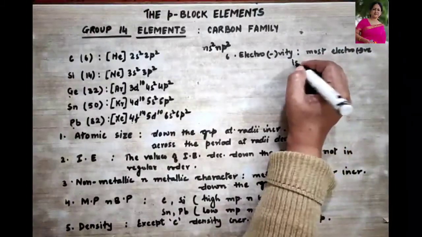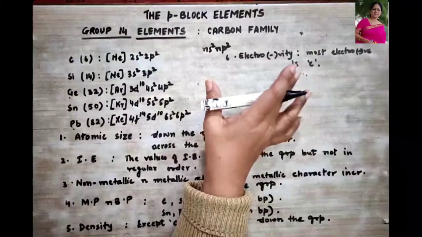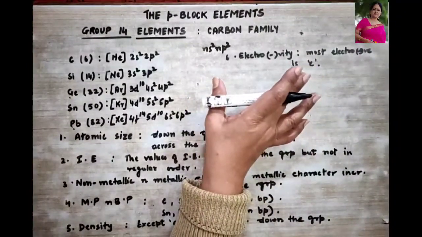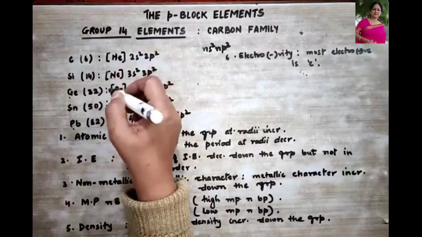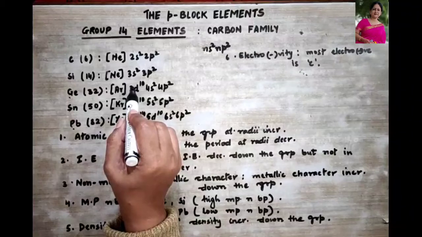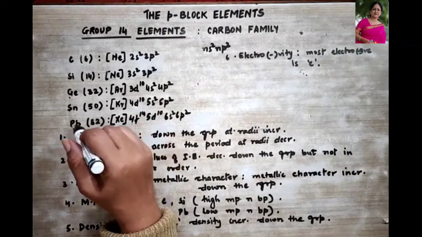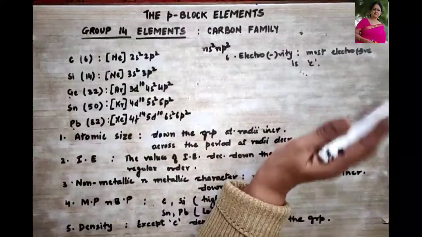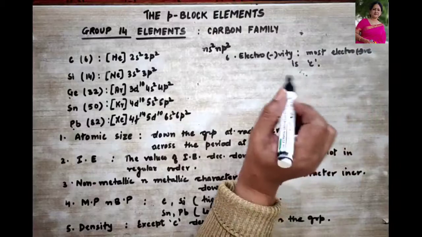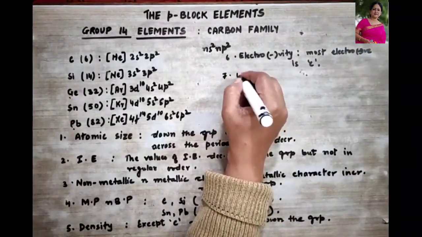The value remains almost the same in all the other elements due to the filling of the d orbitals in germanium and tin and f orbital in lead. Followed? So this was about your electronegativity.